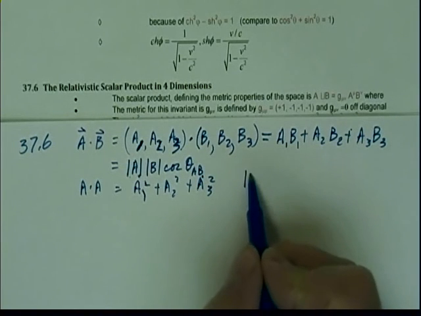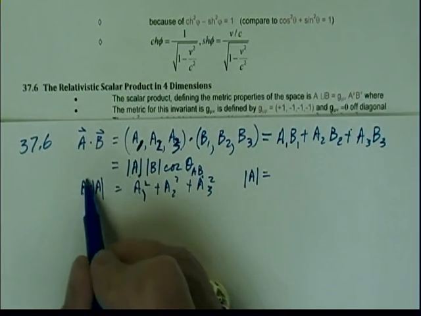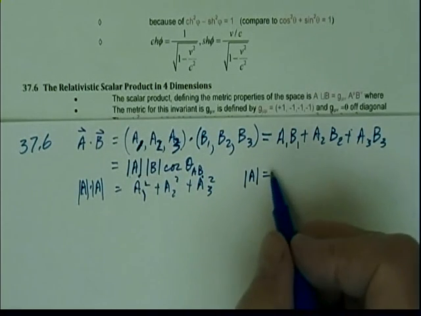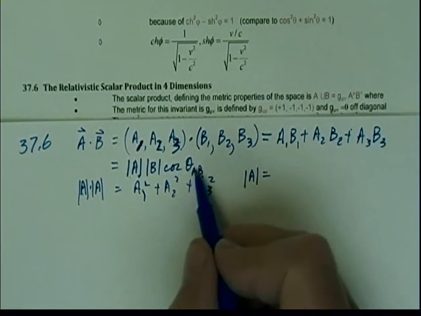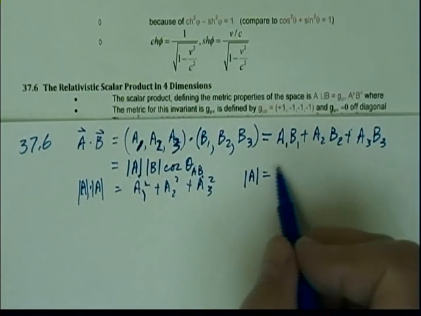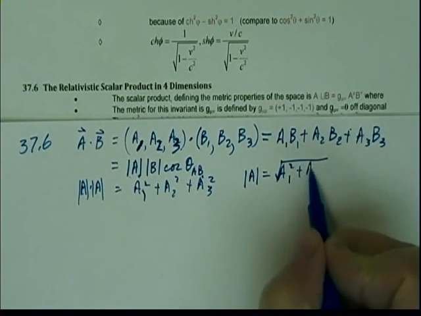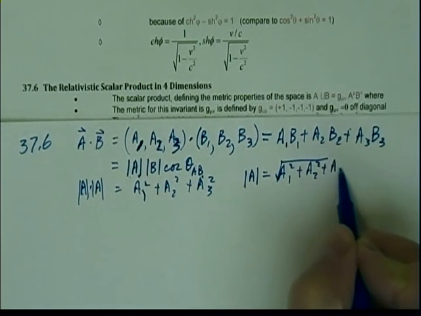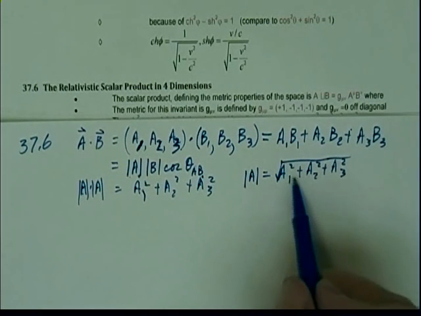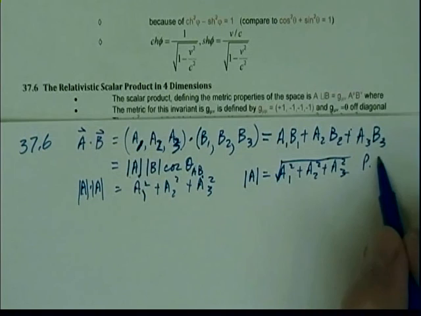So therefore, A times A is the length squared. Because the angle between a vector and itself is 0, this cosine is 1. So the length of A is the square root of A1 squared plus A2 squared plus A3 squared. And that gives us the length of a vector, and this is the Pythagorean theorem.